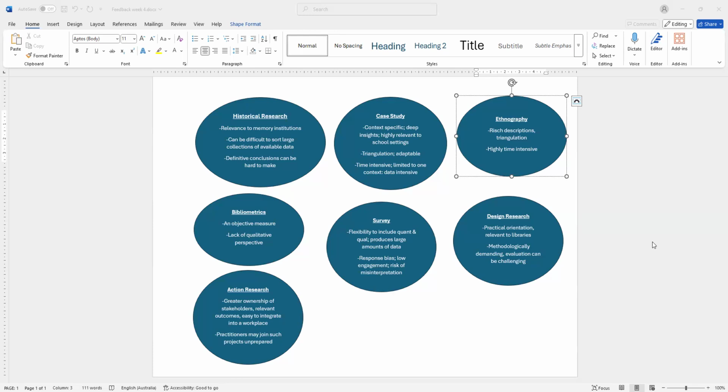In terms of the strengths of historical research, it was mentioned that it is highly relevant to memory institutions, and a lot of GLAM institutions are memory institutions as well, for example museums and archives, where a lot of historical collections are kept.